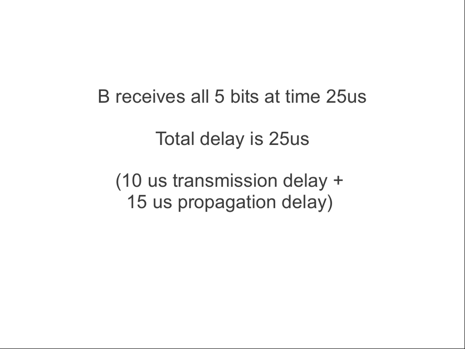Similarly, when B receives all of those bits, it can transmit to C. Transmission plus propagation. And when C receives all of those, I think in the quiz question it sent back a response. So it sends something back. And again, we can calculate the time to transmit coming out of C and the time to propagate to get to B. And then when B receives all that, it transmits back and that signal propagates.